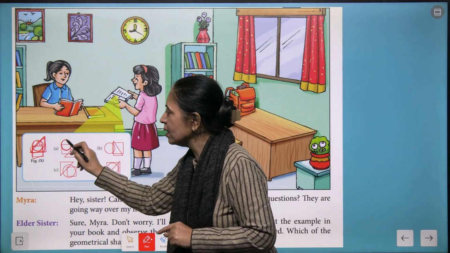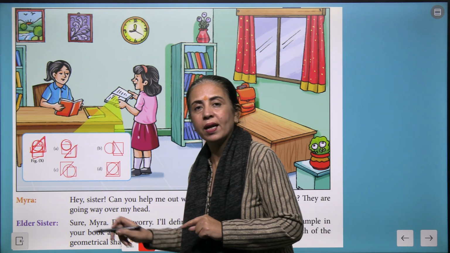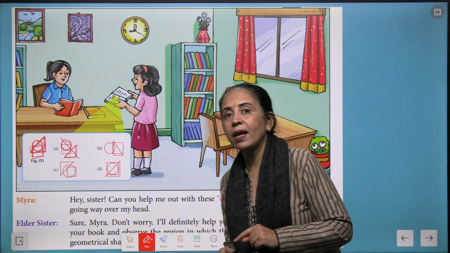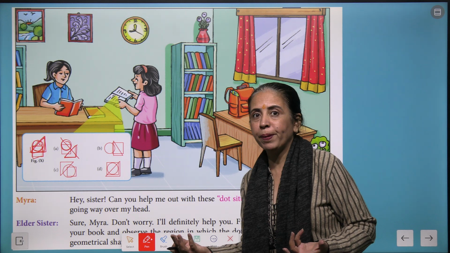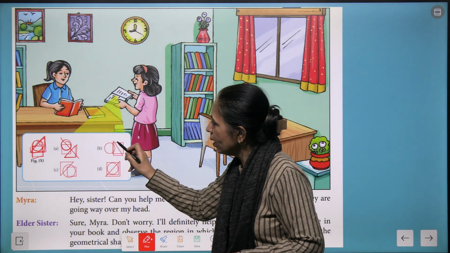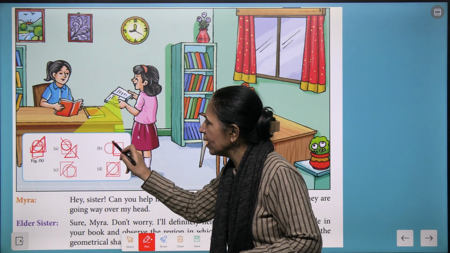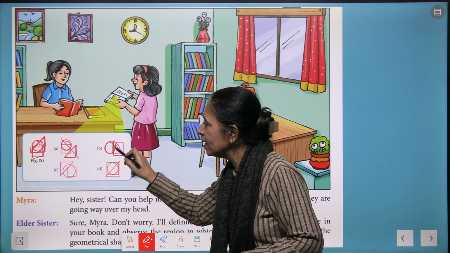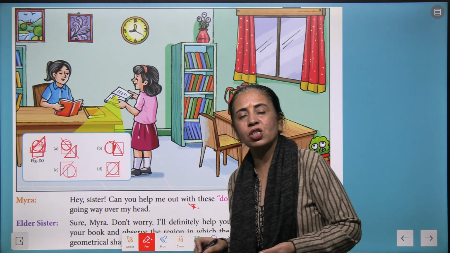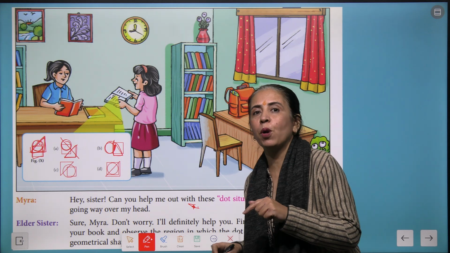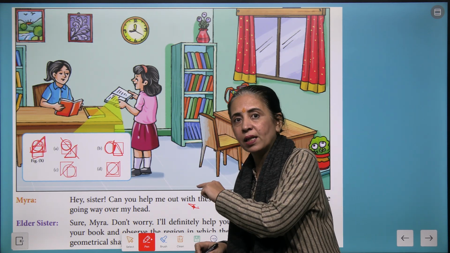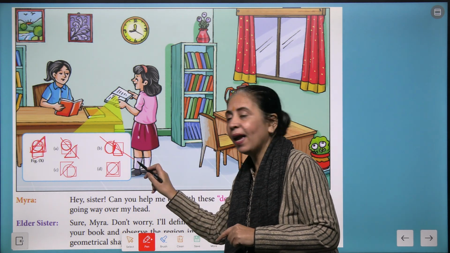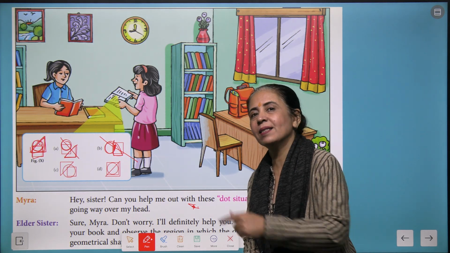Here we have a circle and this is a triangle. They are not meeting at any point. So this cannot be the answer. Come over here, we have a triangle and a circle, but this point of intersection is also the point of intersection inside the square. So again, this is not the right answer.